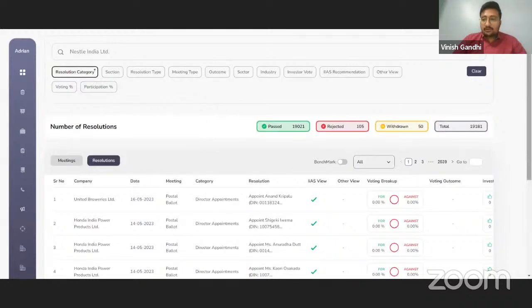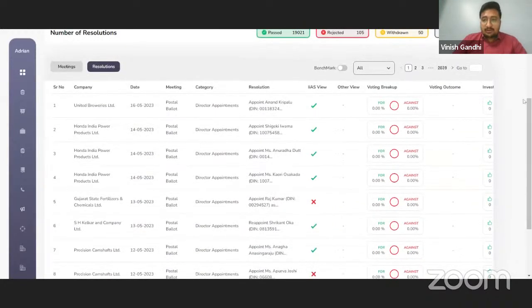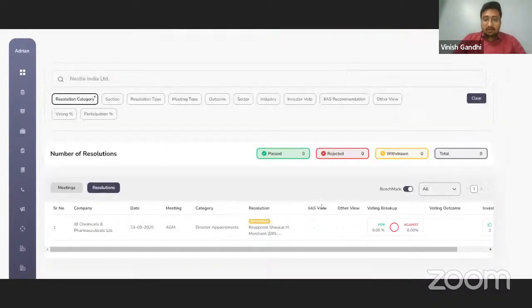Apart from this, we also have something called the benchmark, which is basically what we have started doing. We've started benchmarking, as in highlighting some of the resolutions which are best in class in terms of disclosures and transparency. So this is a toggle button which will give you a benchmark resolution.